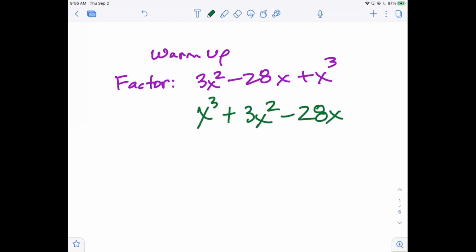All right, now, once you have it in descending order, the first rule of factoring is not to Google it or ask your friend or to panic or any of that. The first rule of factoring is simply to look for a common factor. That's what you always do first because it can make everything else, the rest of the factoring process, easier. So when you're looking for a number common factor, you're looking for something other than positive 1, okay?